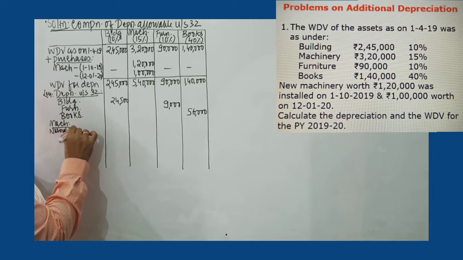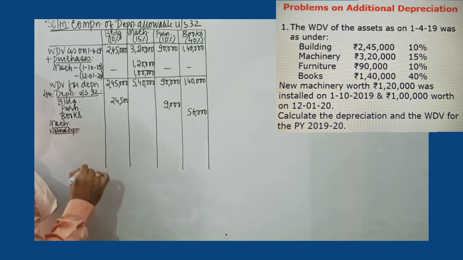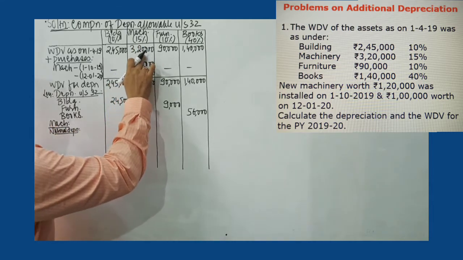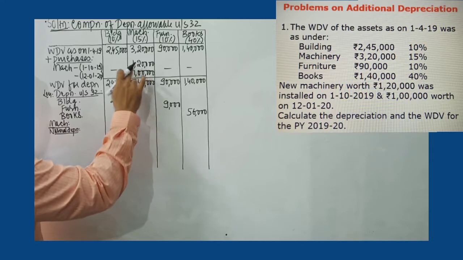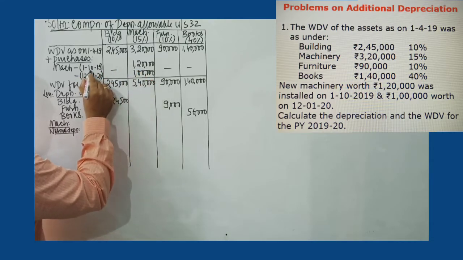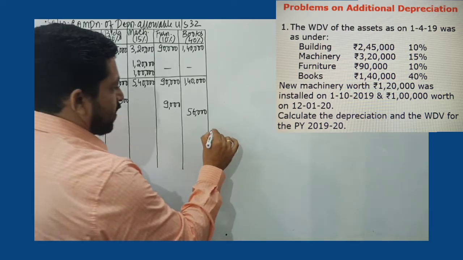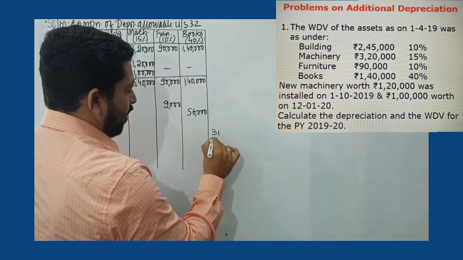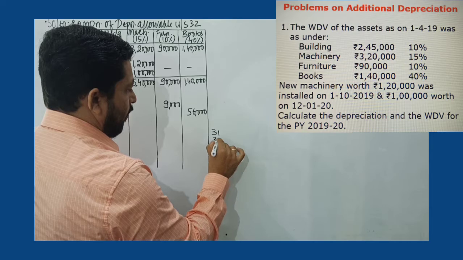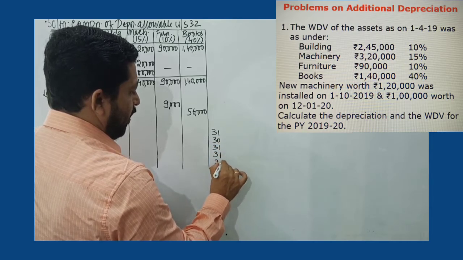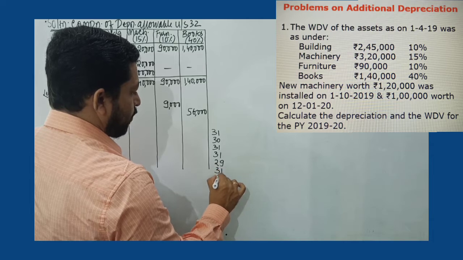The normal depreciation. So what will be the normal depreciation on machinery? So this 3,20,000 full year's depreciation will be charged. Now this 1,20,000 worth is purchased on 1st of October. So when I say 1st of October, how many days? 31 days of October, November, December, January, February and March.